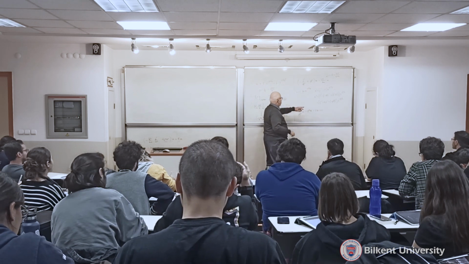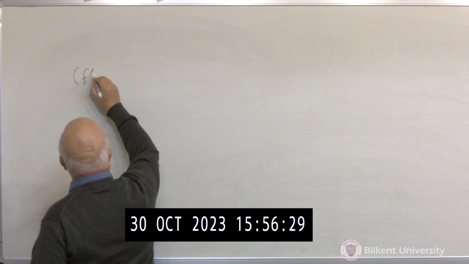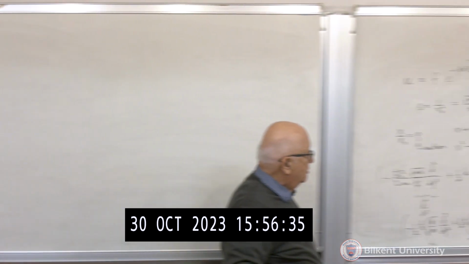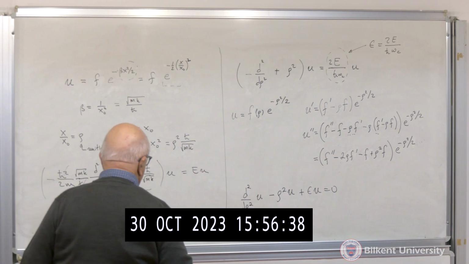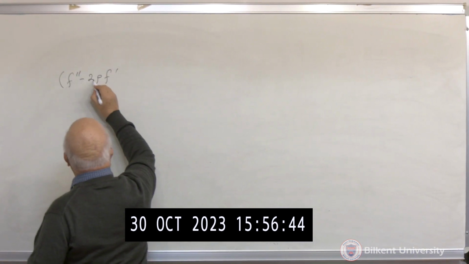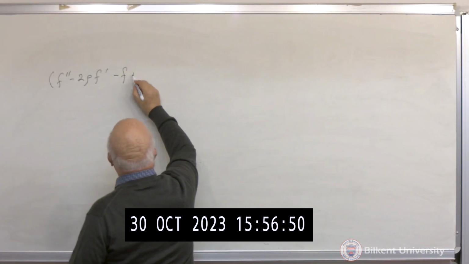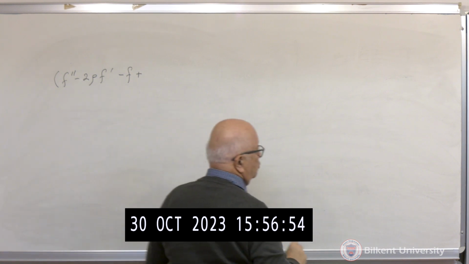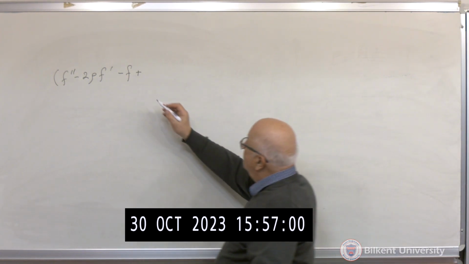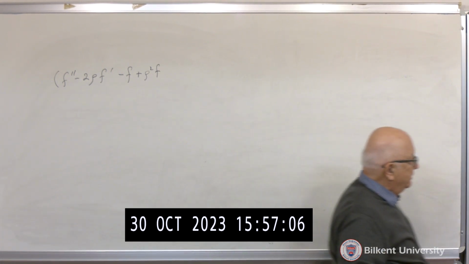All right. So we have f double prime minus rho f prime, minus 2 rho f prime, and then minus f, plus rho, plus rho squared f, times e to the something, but everything is e to the something.